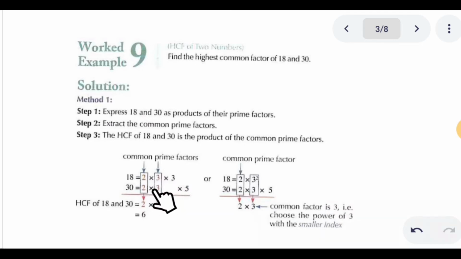So 2 and 3 are the two common prime factors in 18 and 30. If we multiply these two common prime factors, we will find the HCF of those numbers. So this is the method of finding the HCF by the prime factorization method.